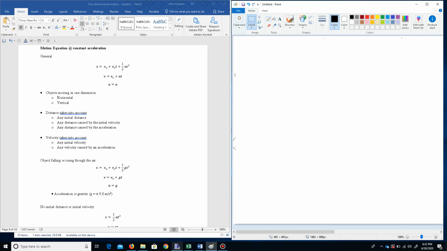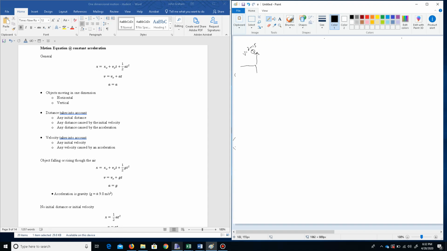So let's say we tossed a ball straight up, and this ball we tossed at a velocity of 2 meters per second. And we want to know how high it goes. And then it's going to come down.